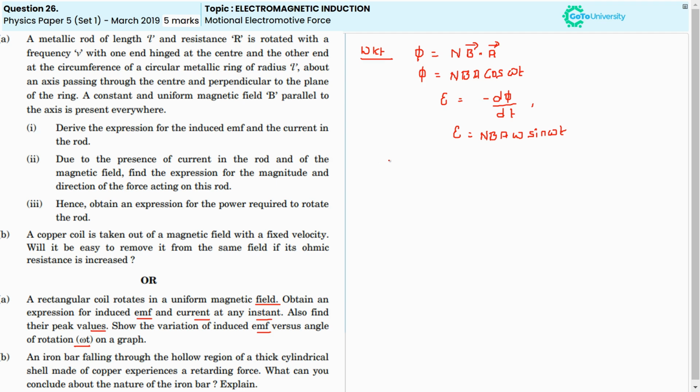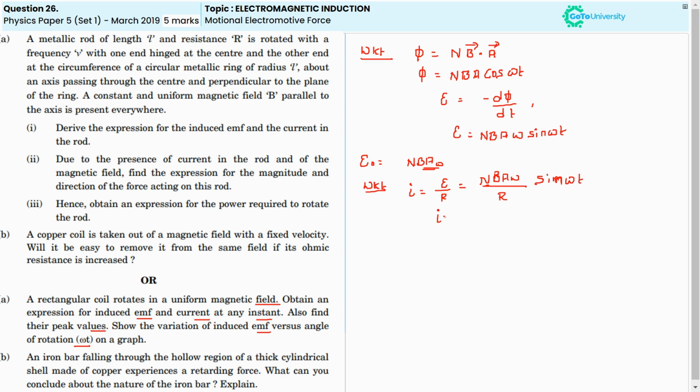Here epsilon naught is equal to N B A omega, and we know that I is equal to epsilon by R, which is equal to N B A omega divided by R times sine omega t.